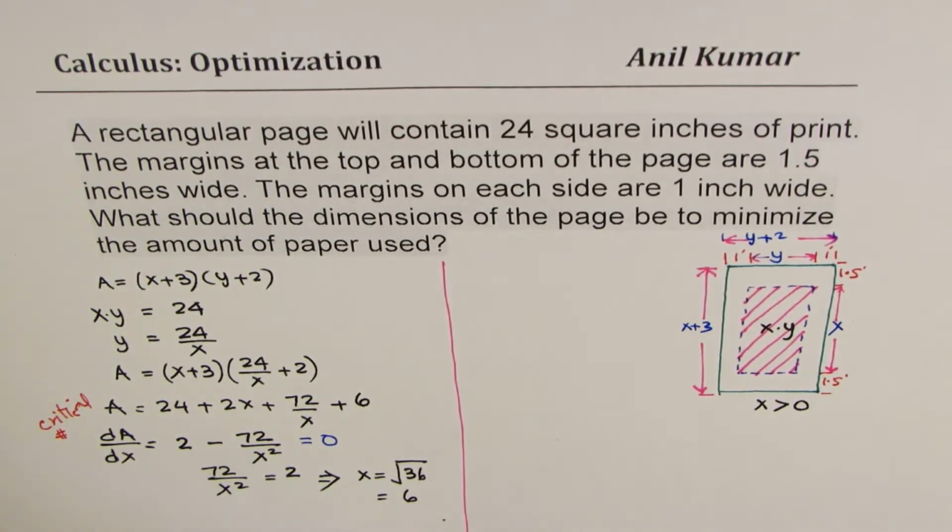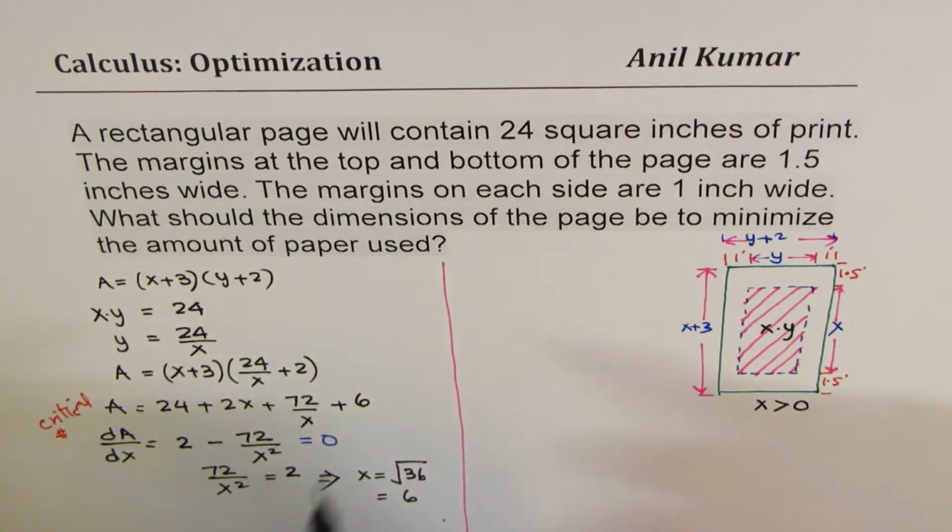Now from here, we have to analyze whether this critical number is going to give us maximum or minimum, right? It could give us anything, correct? So we could do by analyzing the second derivative, or by analyzing the first derivative, either way. So I'll follow both the approaches.